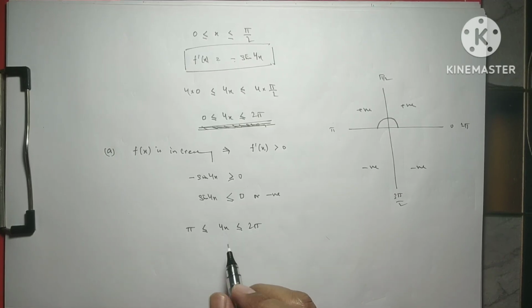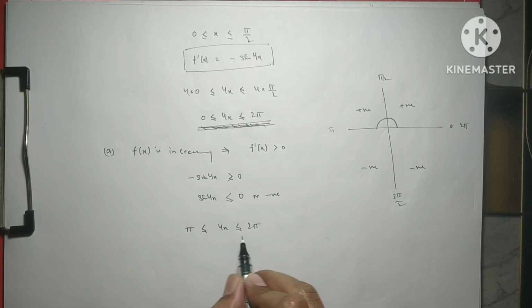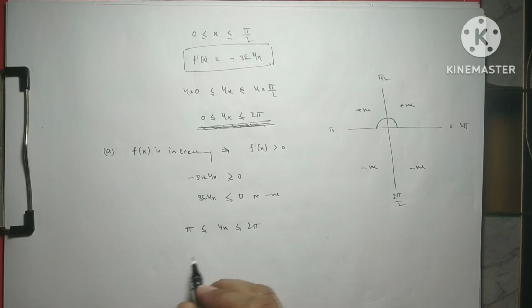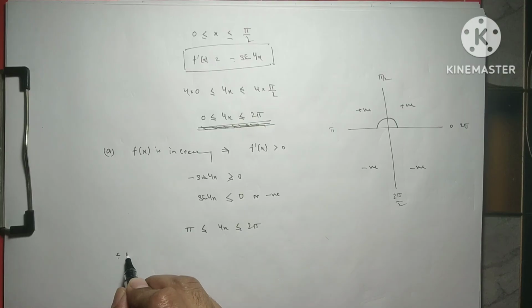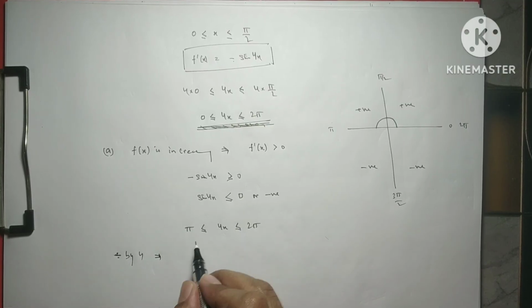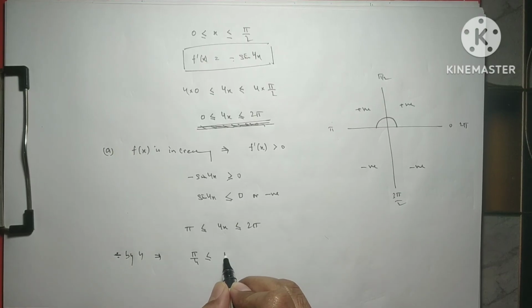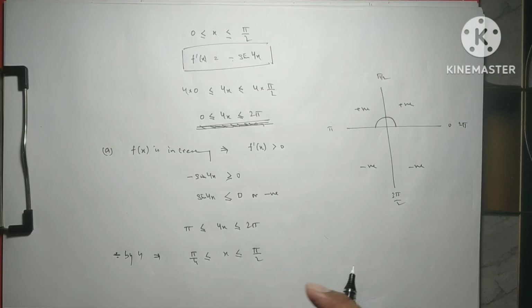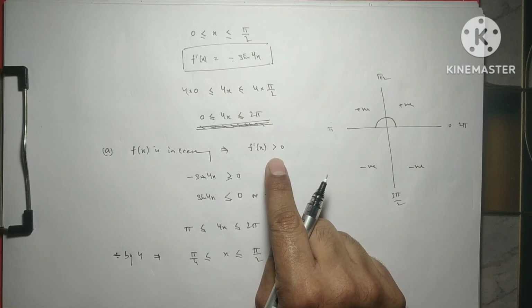It means this is the variation of 4x, but we want the variation of x according to the original function. So we will divide this relation by 4. On dividing by 4, we get pi by 4 to x, and this is pi by 2. So it is the subinterval at which f dash x is greater than 0.